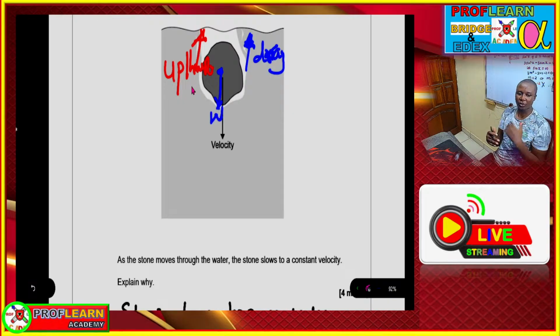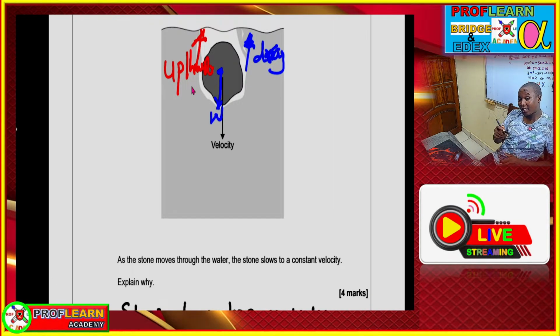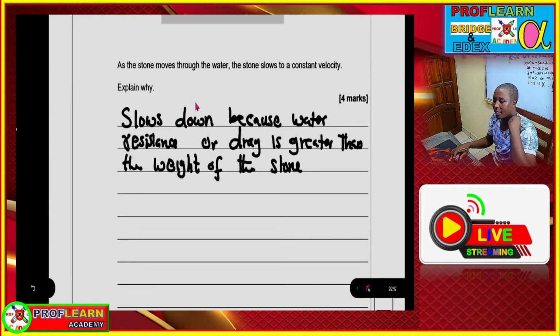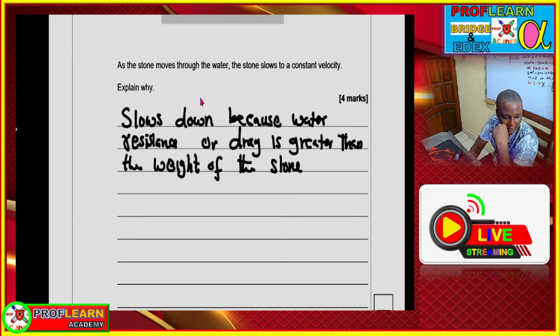So different forces are having a share in exactly what's happening in this case. So the upward forces are greater than the downward force, and then in that case the stone is going to experience a resultant force upward.